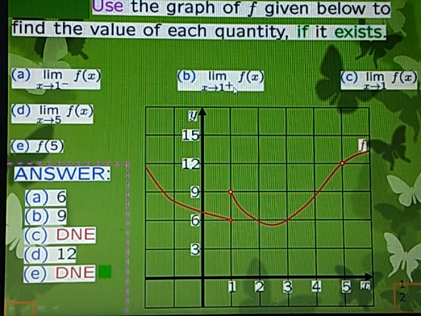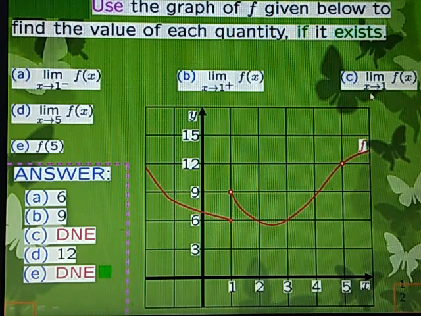So it means as x approaches 1 from the right, the function is getting closer to 9. Then the third part asks what is f(x) when x is approaching 1. It is not mentioned whether from the left or from the right. So you have to tell the limit as x tends to 1 of f(x). Now that means we are checking whether the limit exists or not.